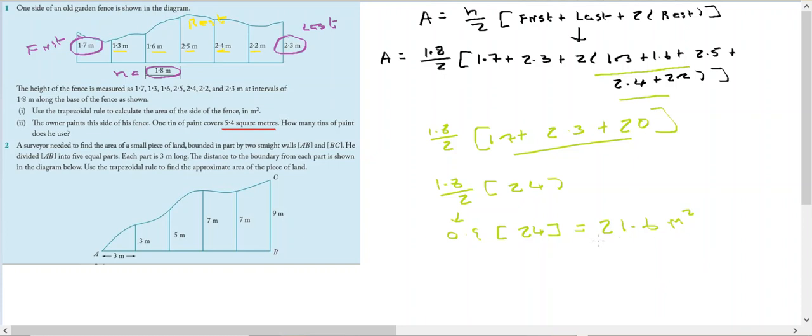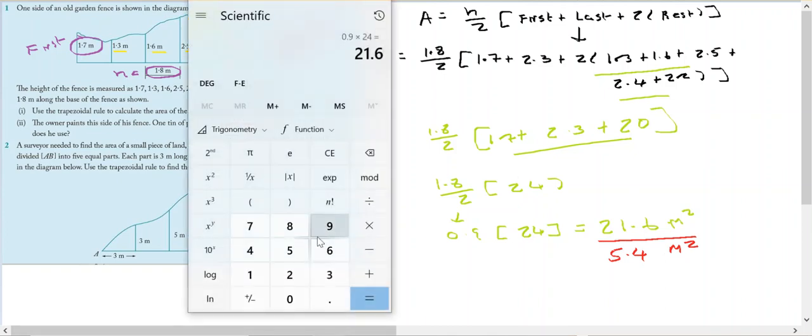All you have to do is take the area you've worked out and divide it by 5.4 meters squared, to see how many tins of paint will be taken up by this fence. So 21.6 divided by 5.4 is equal to 4. So you need 4 tins of paint.